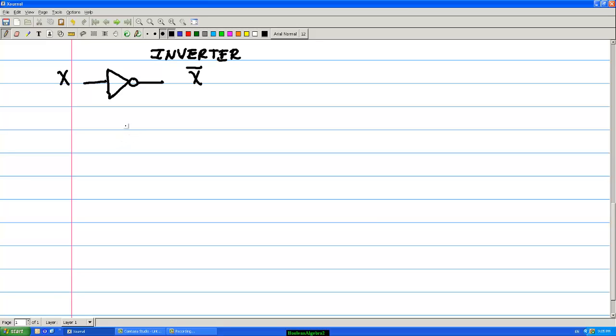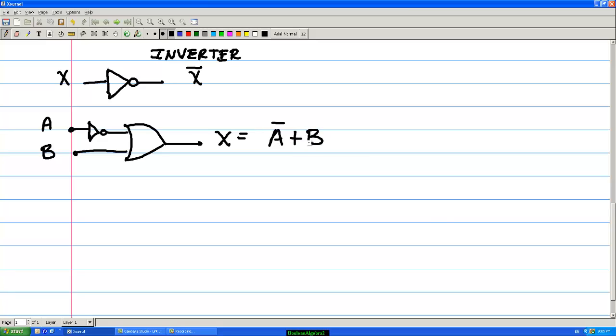If we had, for example, a two-input OR gate, and one of the inputs had an inverter, and the two inputs are variables A and B, the output expression for X would be A not, the OR sum with B. So we have A, and here being fed into the OR gate would be A not.